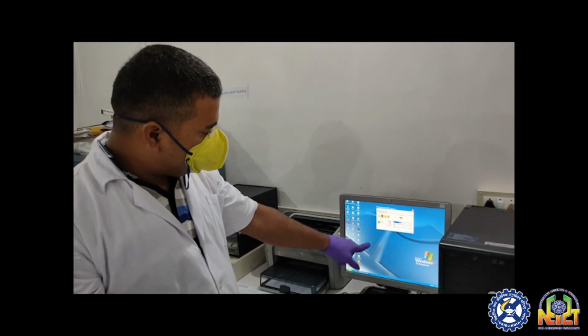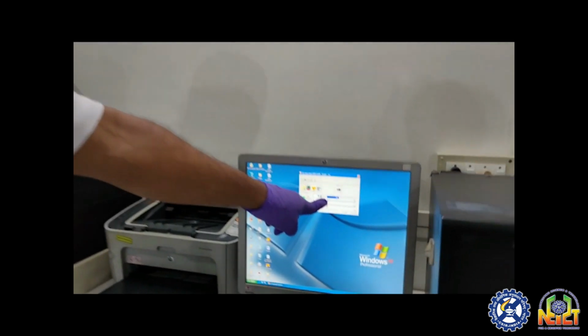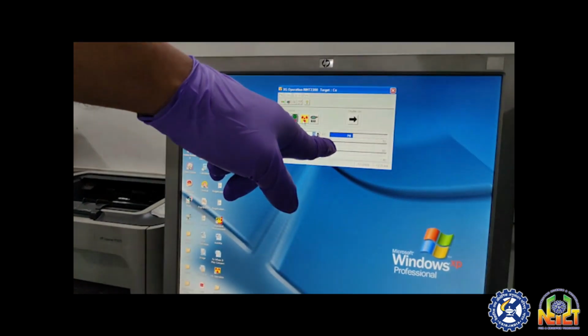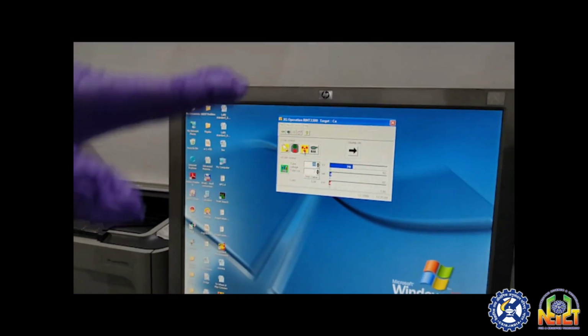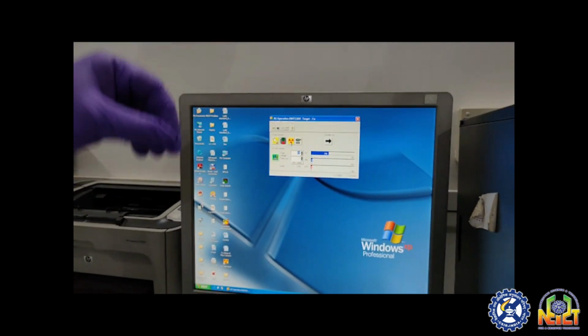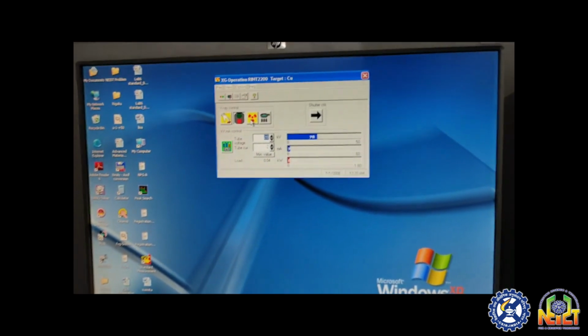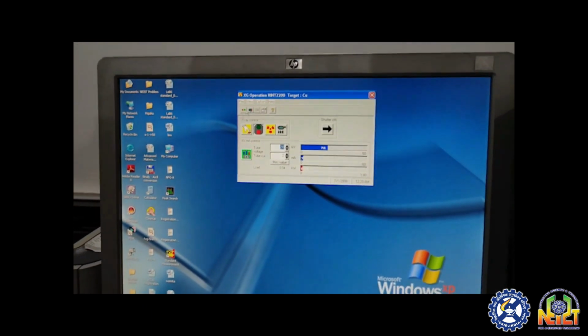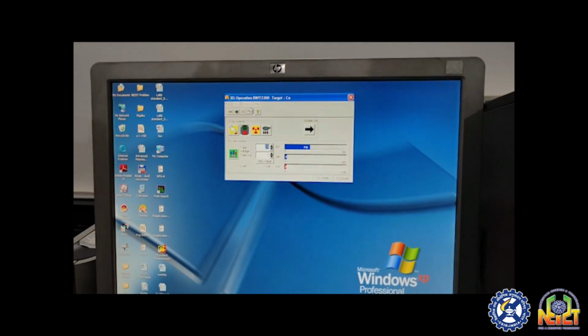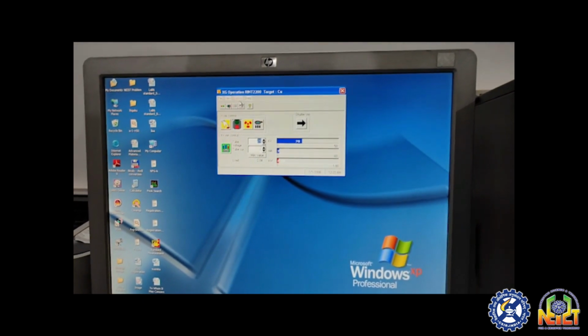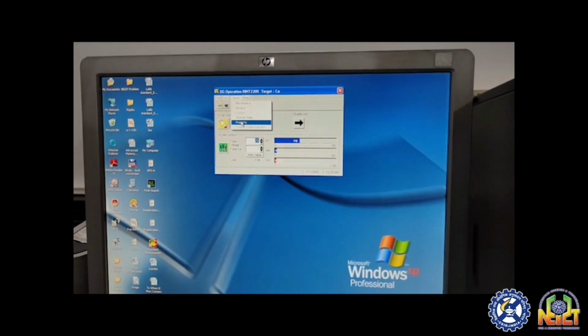For X-ray generation, this should be 40 kilovolt and this current should be 40 milliampere. To increase up to that level, we have to do aging. Aging is an operation which gradually increases the voltage and current.